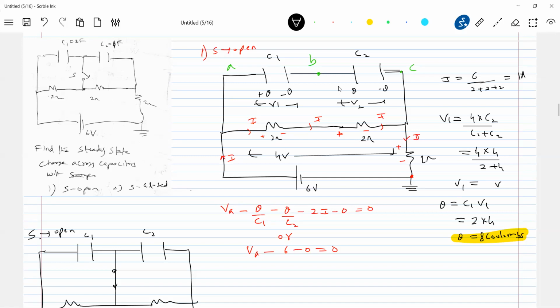Okay. 16 by 6 will be 8 by 3. So this will be 8 by 3, 16 by 3 coulombs. It should be this much. Now check it, it will match. Huh? So some correction is needed here. It should be 4.